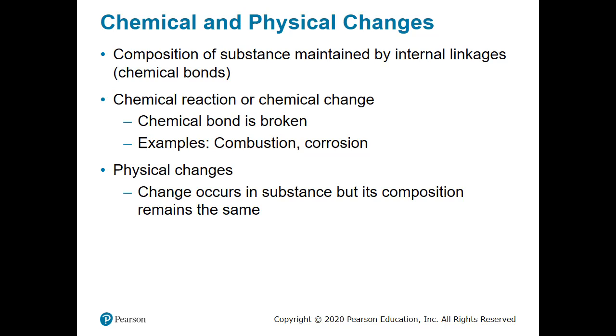So what is the difference between a chemical change and a physical change then? Because in both cases, we're talking about the change in the way that the substance is put together. The difference between them is right here.